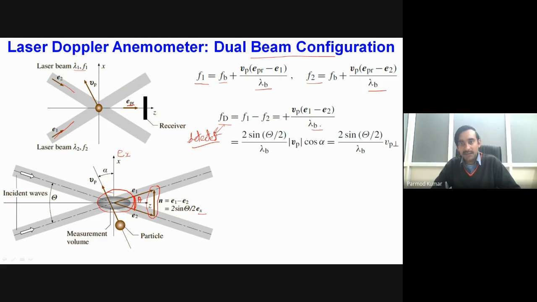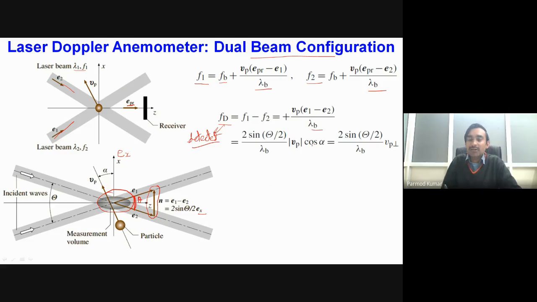Particularly, from this vector diagram I can write E1 minus E2 as 2 times sine theta by 2, divided by lambda V. For Vp I can write the magnitude of Vp into cos alpha, because we have to take this in the direction of the detector.